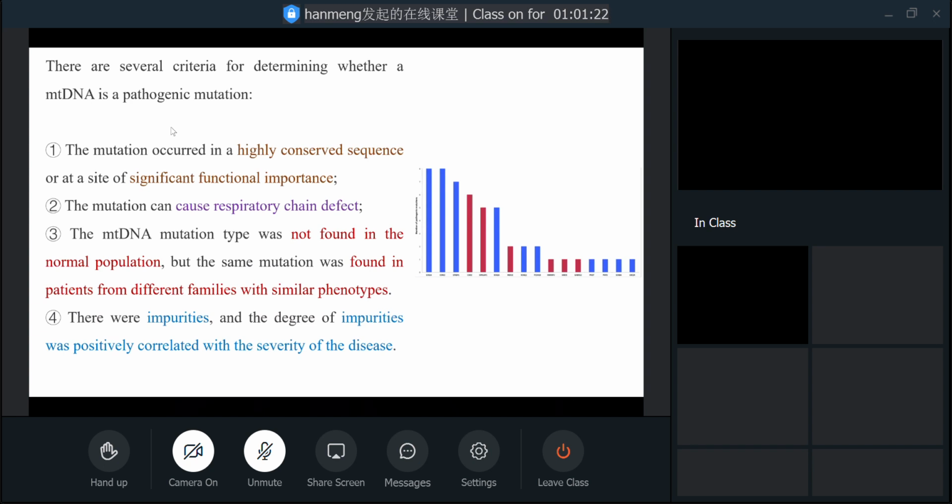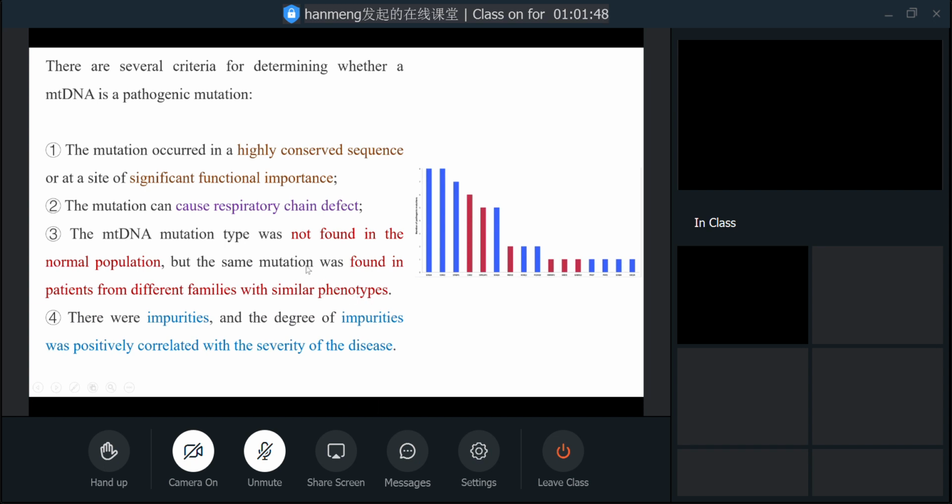Two, the mutation can cause respiratory chain defect, so the mutation affects the function of the mitochondria. Three, the mitochondrial DNA mutation type was not found in the normal population, but the same mutation was found in patients from different families with similar phenotypes.